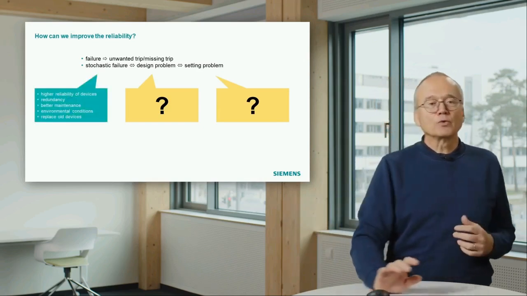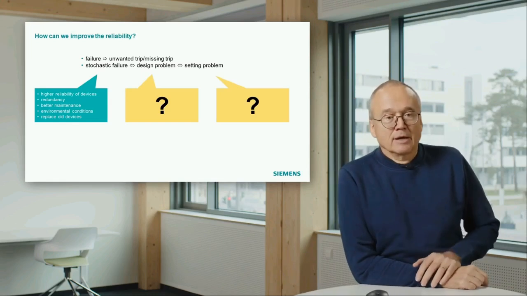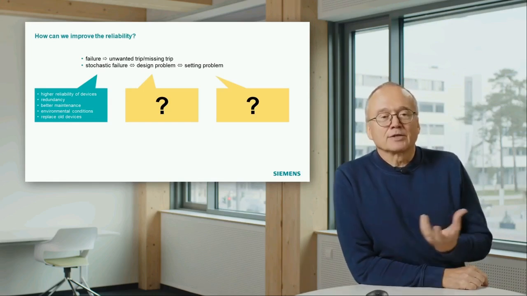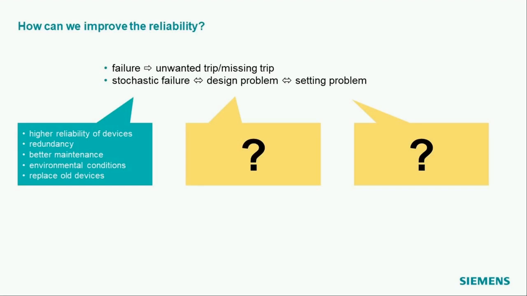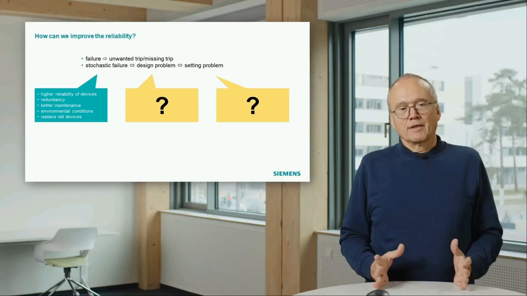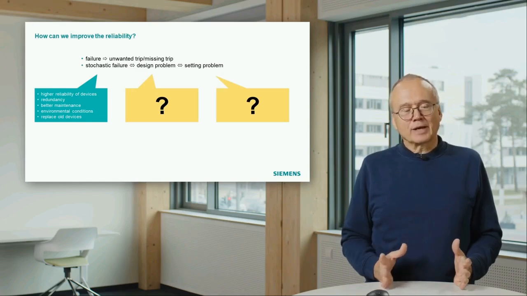What can we do to reduce the rate of stochastic failures? We need higher reliability of devices. That is a thing of a manufacturer. And we invested really a lot of brain to design the devices in a way that the outage rate is pretty low.